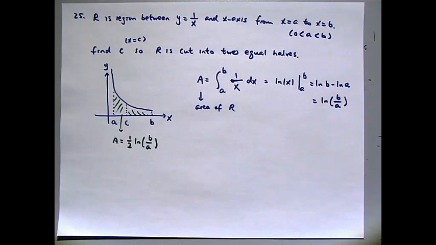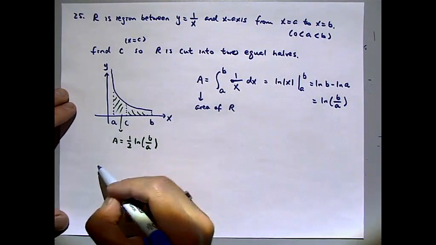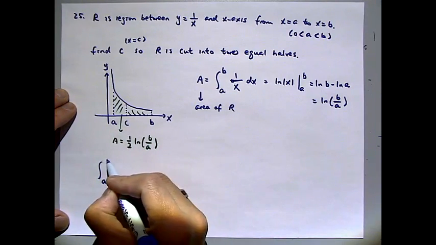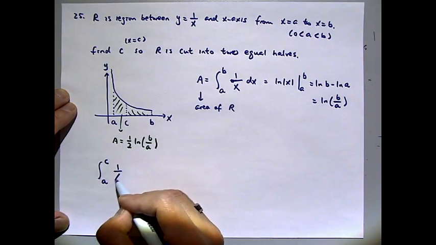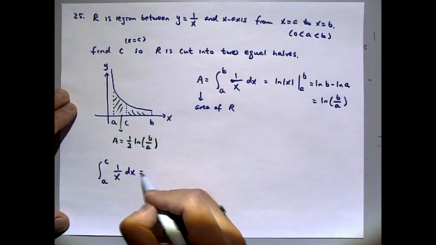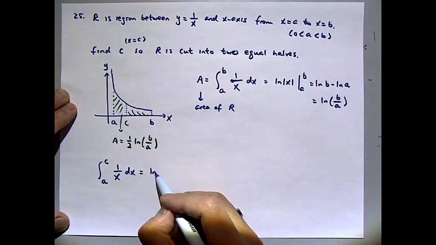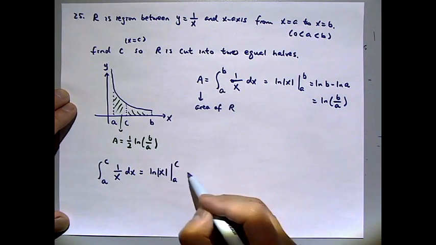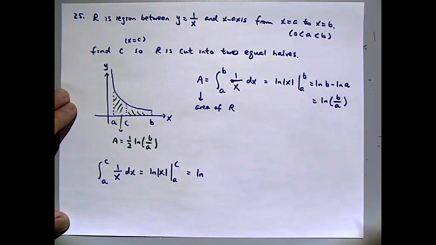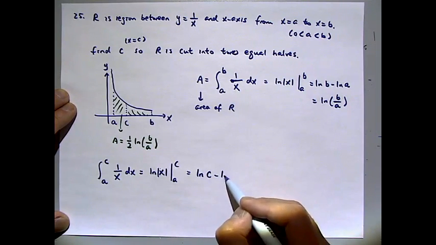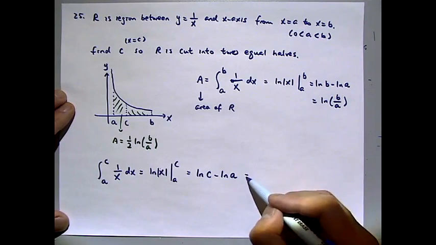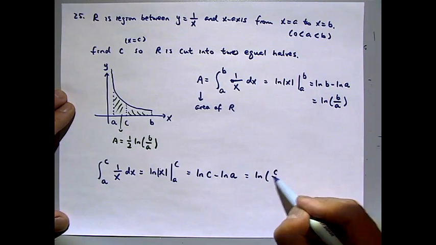So knowing this, I can do the same thing. The area from a to c underneath 1 over x dx is natural log of x from a to c, which is then natural log of c minus natural log of a, or natural log of c over a.